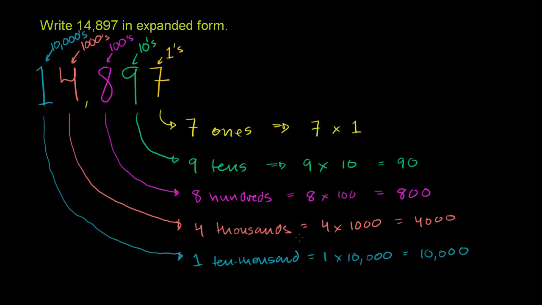So when they ask us to write it in expanded form, we could write 14,897 literally as the sum of its components. This top 7 times 1 is just equal to 7.